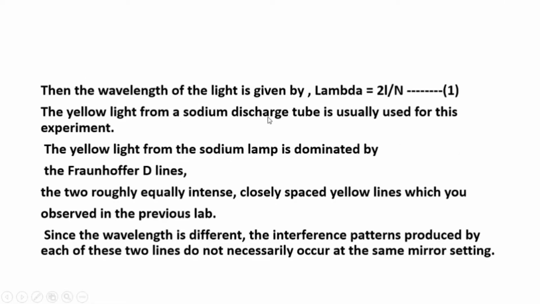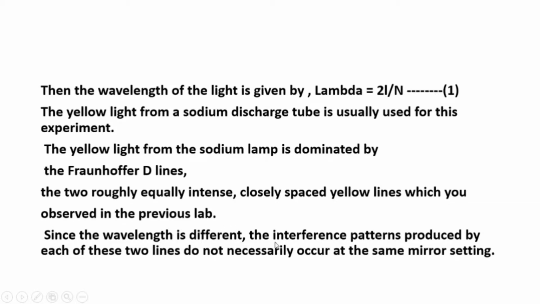The yellow light from a sodium discharge tube is usually used for this experiment. Yellow light from the sodium lamp is dominated by Fraunhofer's D lines, two roughly equally intense, closely spaced yellow lines which you observed in the previous lab.